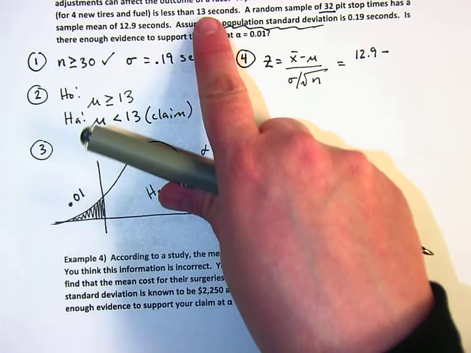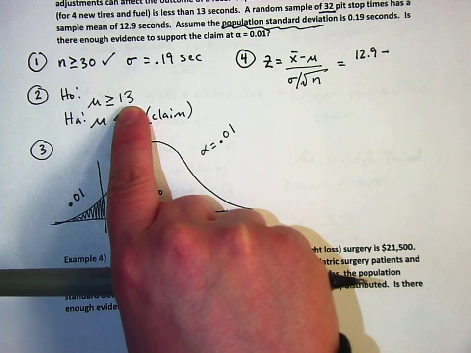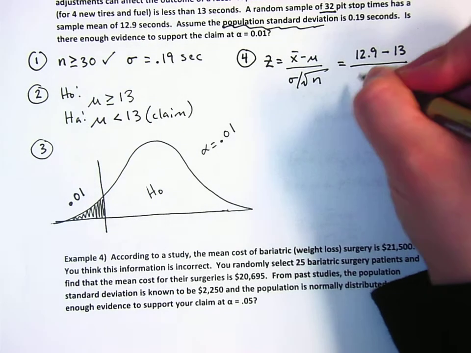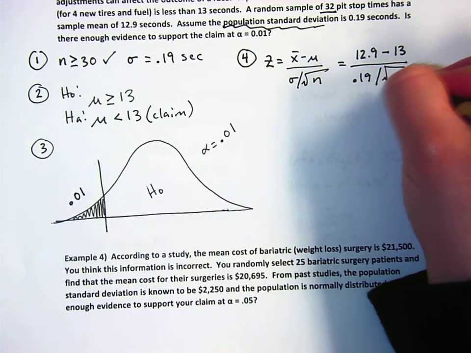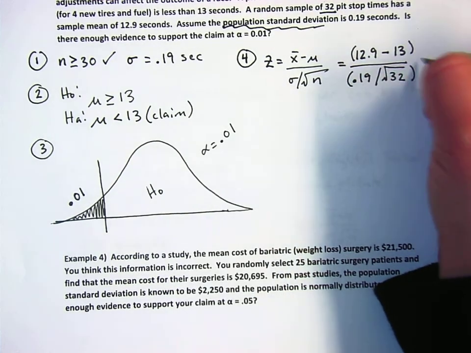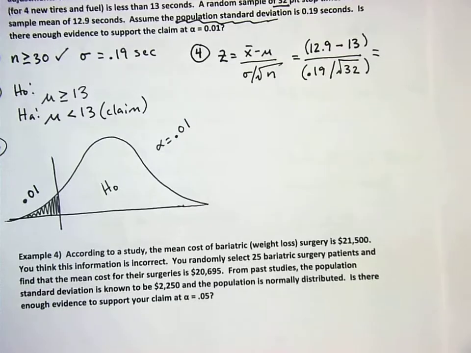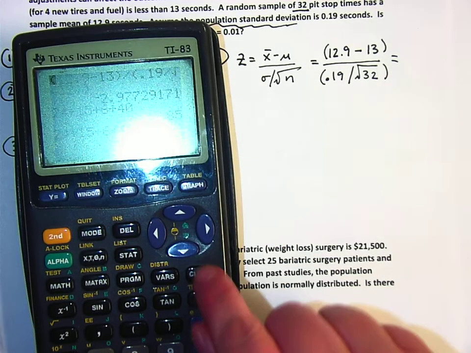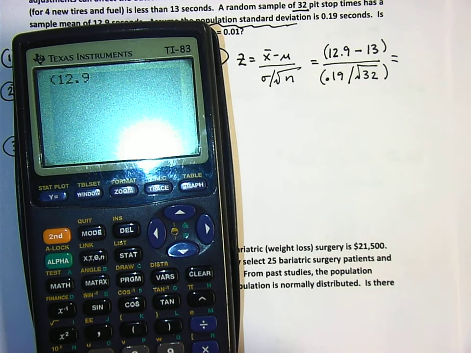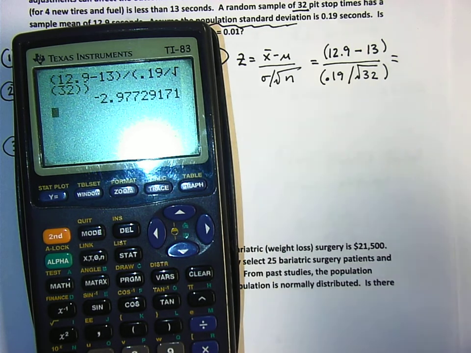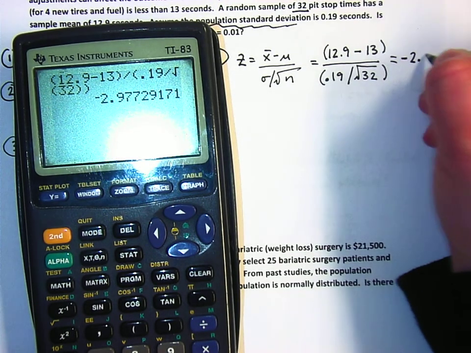Then I'm going to subtract what our mu was in our null and alternative hypothesis, that's 13. Divide by 0.19 divided by the square root of 32. Remember to put parentheses on the top and the bottom. This is going to get you a z-score, but remember, we're not going to compare that z-score to anything. We're actually going to use that z-score to find an area. So I've got 12.9 minus 13 divided by 0.19 divided by the square root of 32. I got a z-score of negative 2.98.